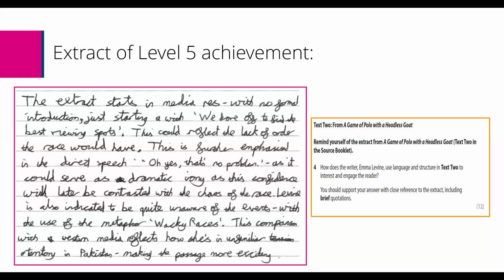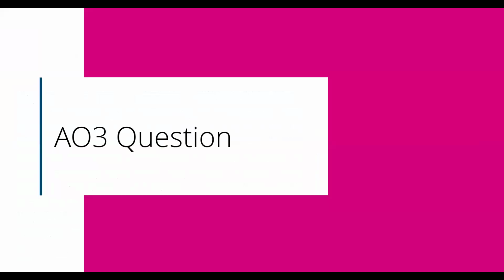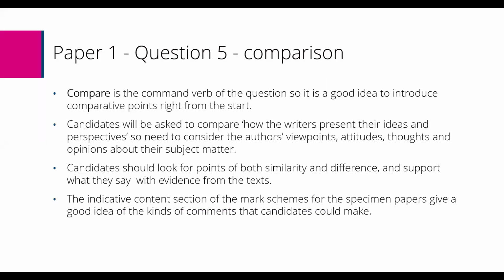Okay, so moving on to AO3, this is our comparison assessment objective. So compare is the command word, the verb in the question. So it's a good idea to start your comparison straight away. They're asked to compare how writers present their ideas and perspectives.